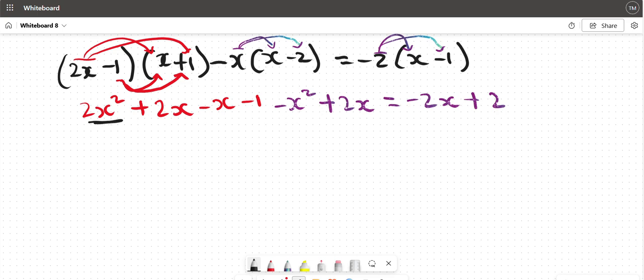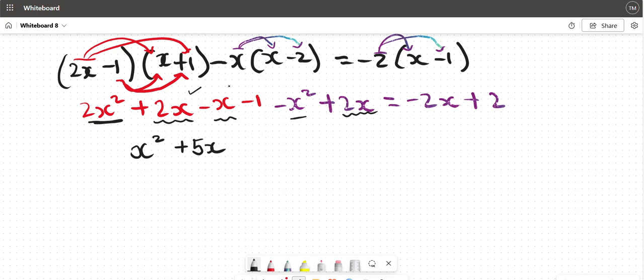Then this and this are like terms, right? They subtract to give me just x squared. This minus this plus this gives me a positive 3x, because that minus that is a 1, plus that gives me a 3. So positive 3x plus a 2 would give me a positive 5x. Again, follow there.